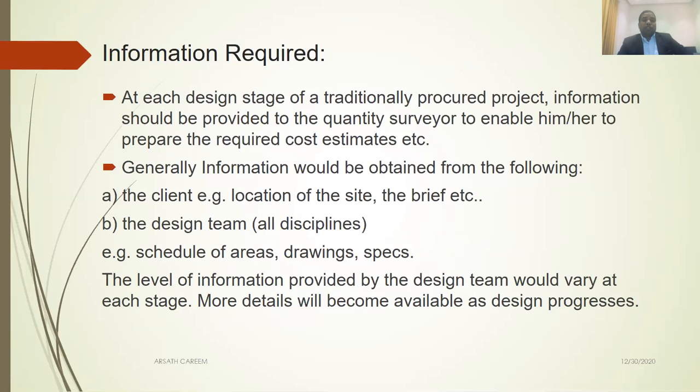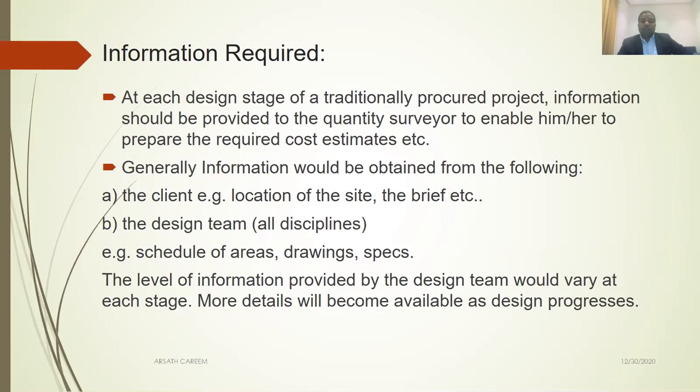To prepare a cost plan, what information is required? It depends on the stage. At each design stage of a traditionally procured project, information should be provided to the quantity surveyor to enable him or her to prepare the required cost estimate.